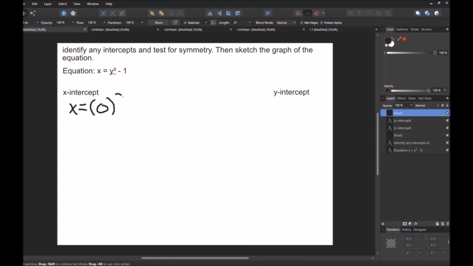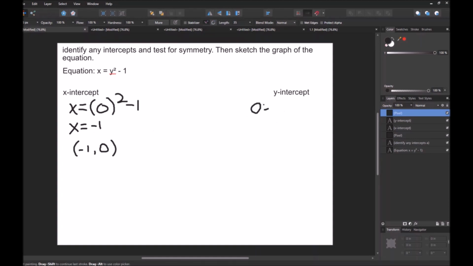So we have x equals 0 squared minus 1, and 0 squared is just 0, so we're left with x equals negative 1, meaning our x-intercept is negative 1, 0. So then for our y-intercept, we're going to plug in 0 for x and solve for y.